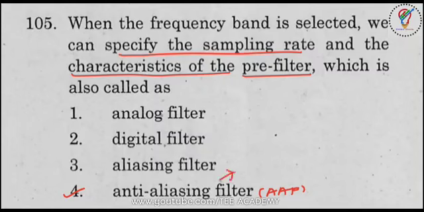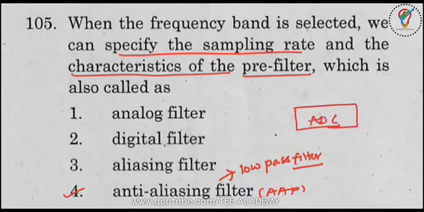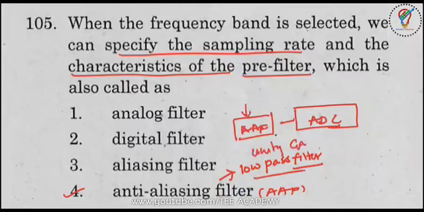It removes the high frequency signals and allows only low frequency signals. It is placed before the analog to digital converter. This filter is a simple low pass filter with unity gain. So the answer is 4.